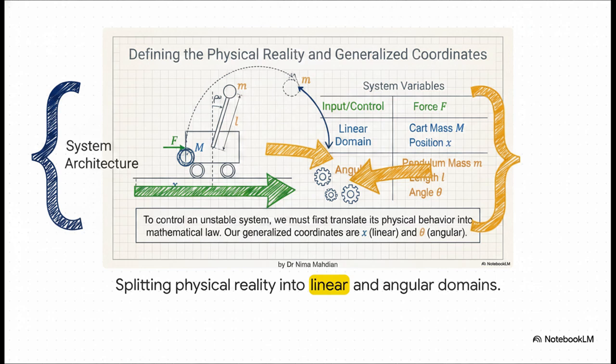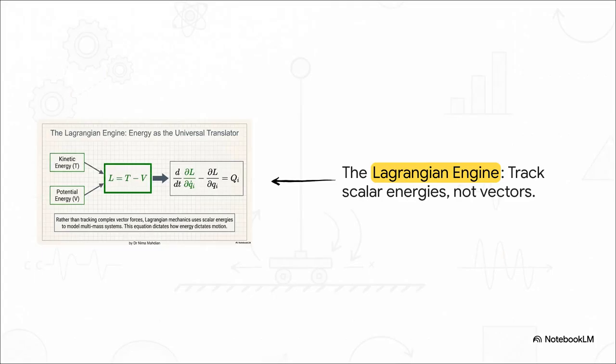Now here's the kicker. The only way we can influence this entire interconnected setup is through a single input. That's the active control force F, applied linearly straight to the cart. And this brilliantly illustrates our universal mathematical translator. To bridge those two totally distinct physical domains, the linear and the angular, we're going to use the Lagrangian engine. It's actually kind of beautiful.